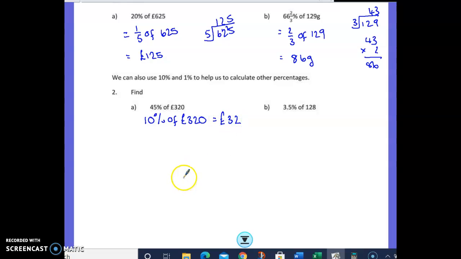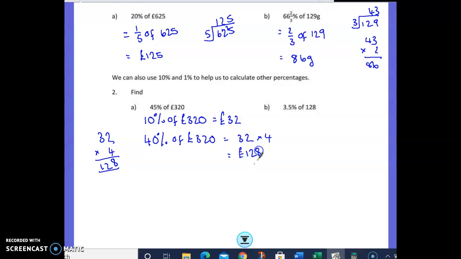So that'd be £32. If I want 40%, it's going to be 4 times that, because 40% is 4 times bigger than 10%. So that's £128. 5% is half of £32, because 5% is half of 10%.